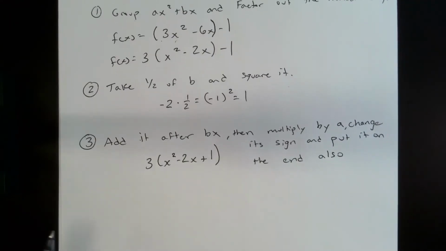So add it after bx, then multiply it by a, change its sign, and put it on the end also.